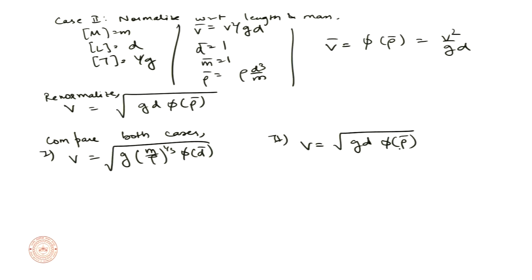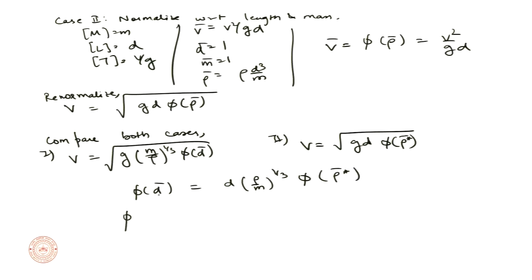D bar is one basis, rho bar is another basis. If we compare both types of solution, G gets cancelled. So, phi of d bar from this case is equal to, let me put an asterisk over here because the different basis, d rho by m to the power of 1 by 3 times phi of rho bar star.